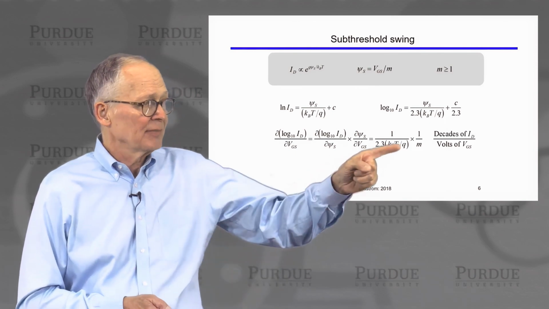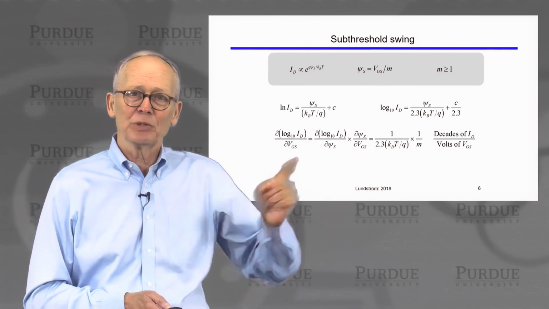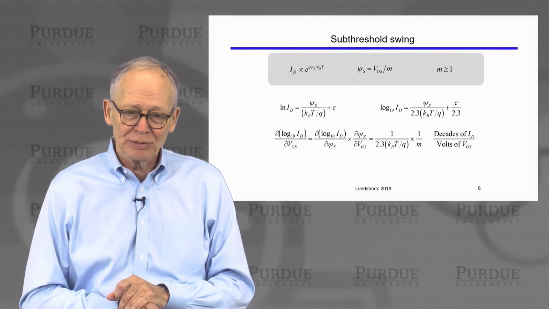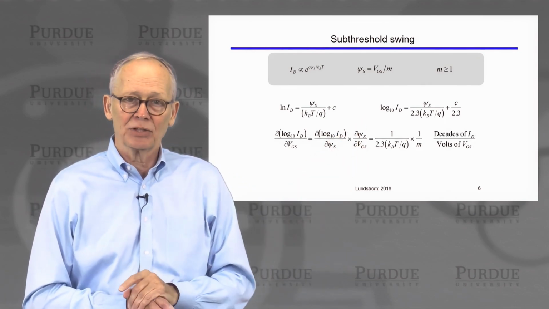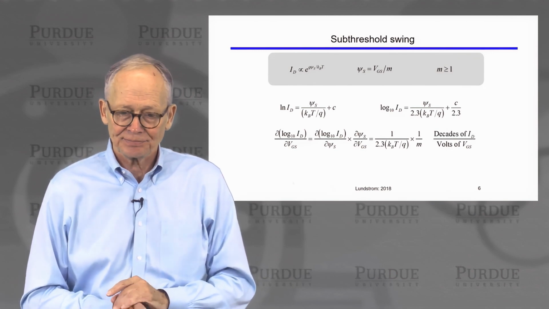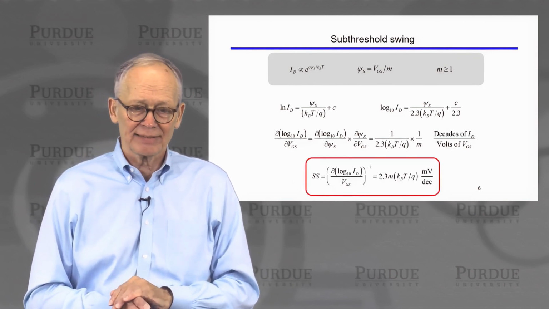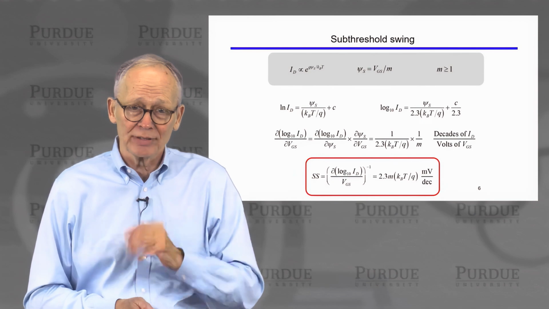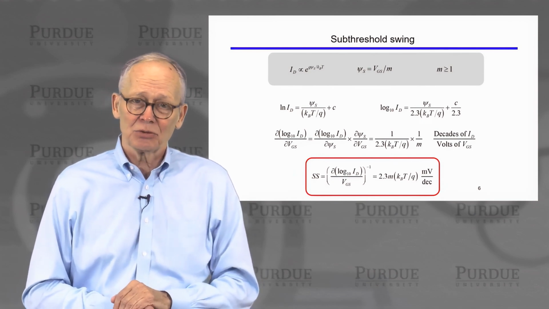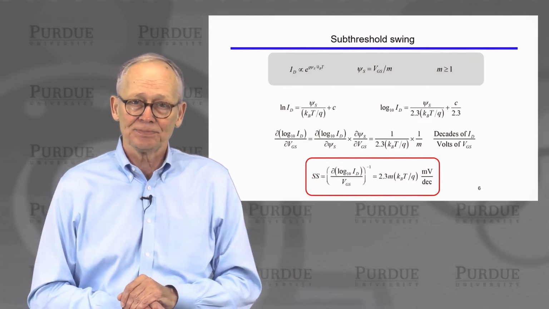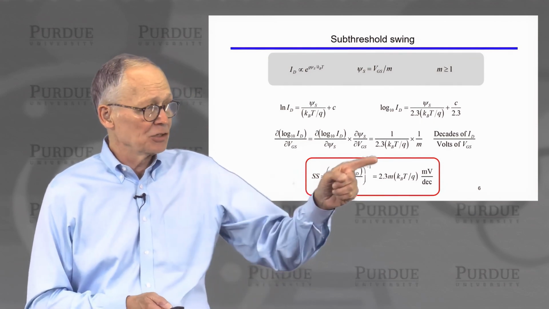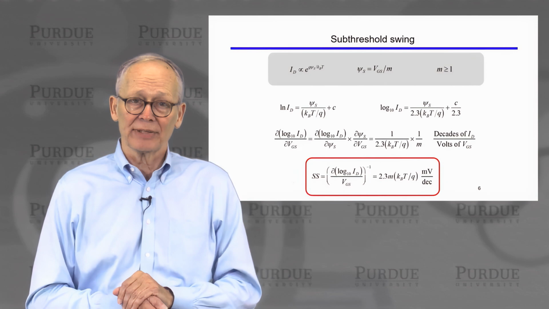If we do that, we find that this slope, which we would call the subthreshold slope, is 1 over 2.3 kT over q times 1 over m. Normally we express this as subthreshold swing, which is 1 over this slope. So the subthreshold swing is 2.3 m kT over q, and that is normally expressed in millivolts per decade.